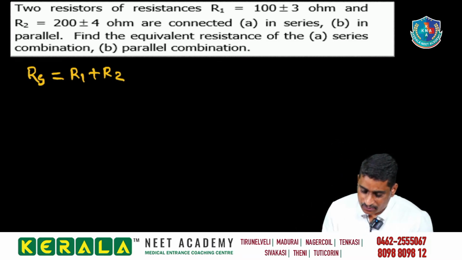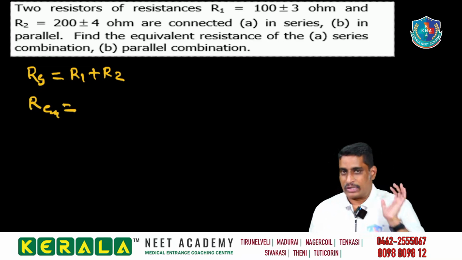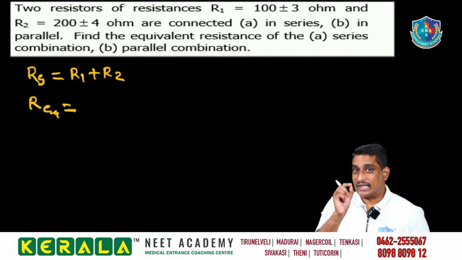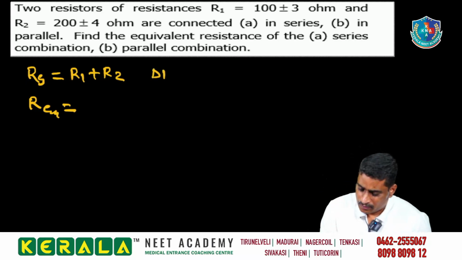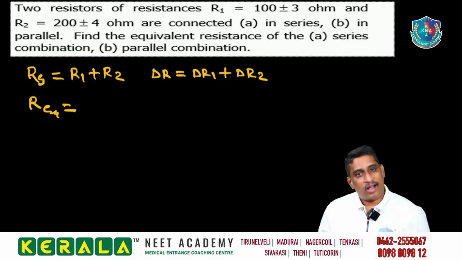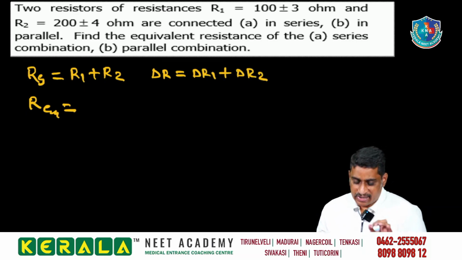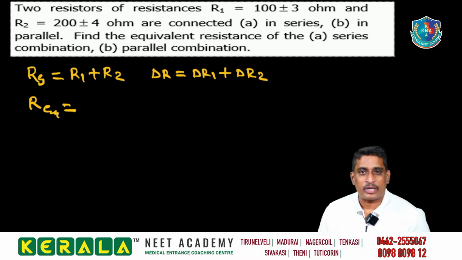Therefore, in case of addition, delta R value will be directly given by delta R1 plus delta R2. And in series, R effective is nothing but R1 plus R2. So directly you can add these values.